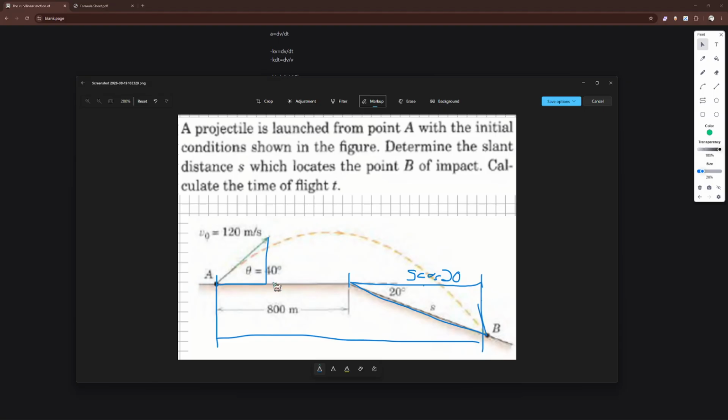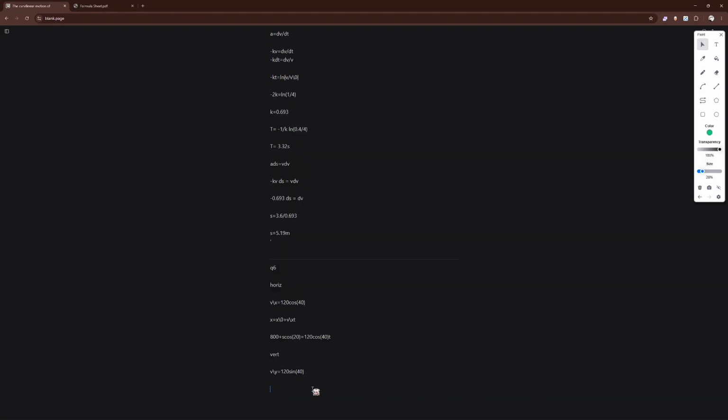And we look at here, we have y is this, and this is y. We can get this for y if we use this as our 0, and we ignore this upper part really, and just look at this part here. This is just going to be s sine 20. Nice and easy.